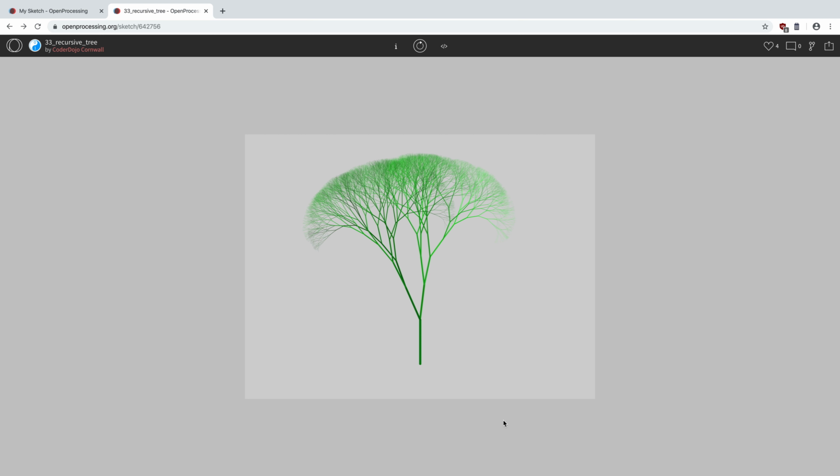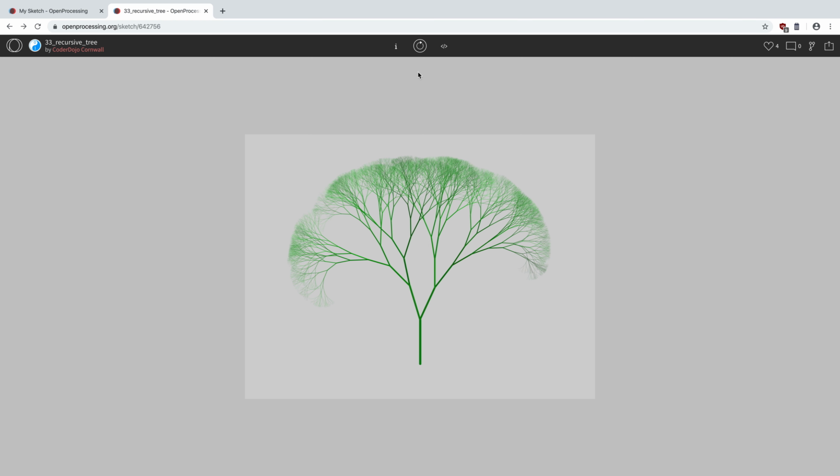So on the screen you can see what I gave you a sneak peek of last time, which is a plant, a tree. There's obviously lots of interesting detail there. The tree seems to be fairly organic. If I run the code again, I should get a slightly different tree. That still seems to have, oh, I like that.